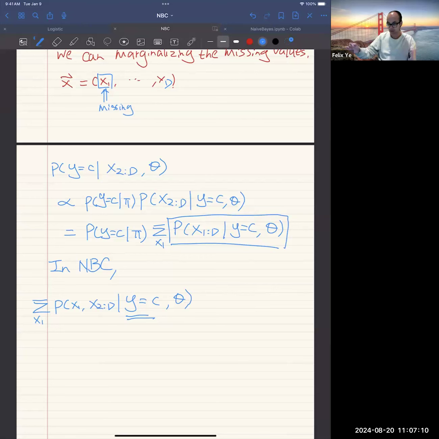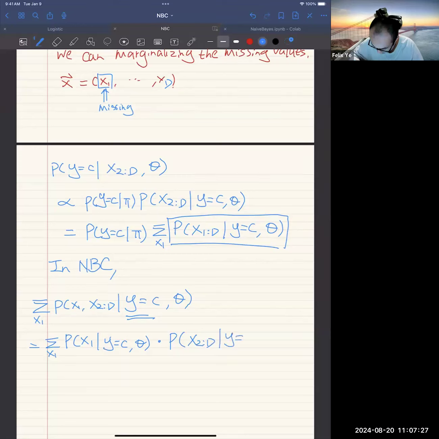So basically I can separate this out. This becomes the summation over x1 of the probability of x1 conditional on y equal to c and theta, multiplied by the probability of x2 to xD, conditional on y equal to c and theta.